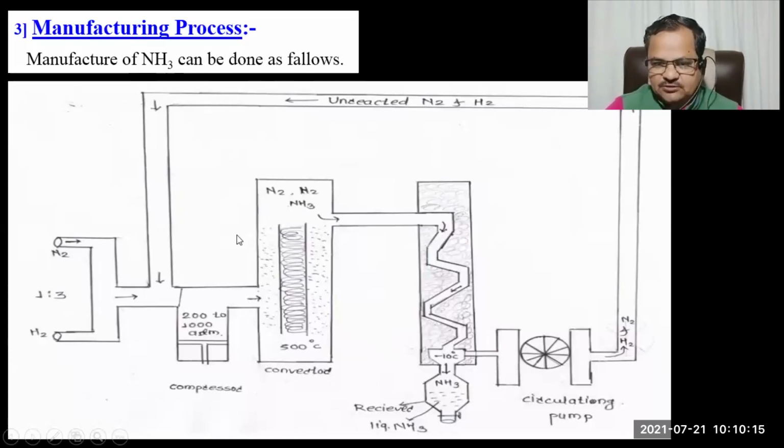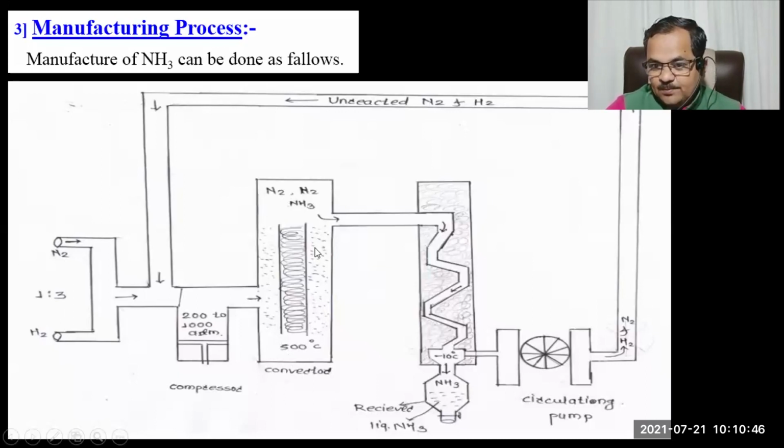So here what you have to remember is the reactants are taken in 1:3 proportion. Here 1 is nitrogen and 3 is hydrogen. In the compressor the pressure applied is 200 to 1000 atmospheric pressure. In the converter the catalyst is heated up to 500 to 550 degrees Celsius.